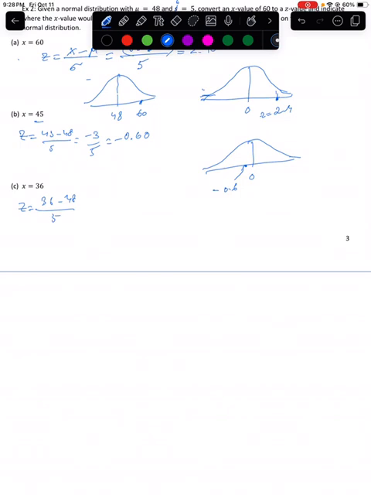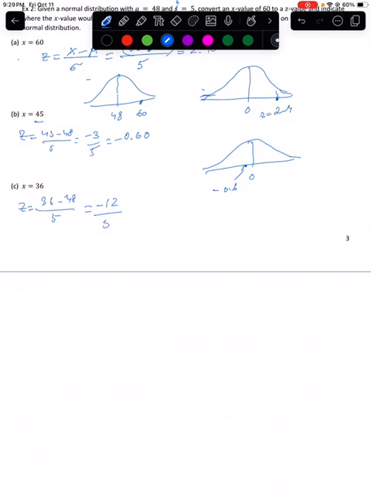So this value will give us, where did my calculator go? So if we do it orally, 8 minus 6 is 2, and then 4 minus 3 is 1. So we are getting negative 12 over 5. So what is that?